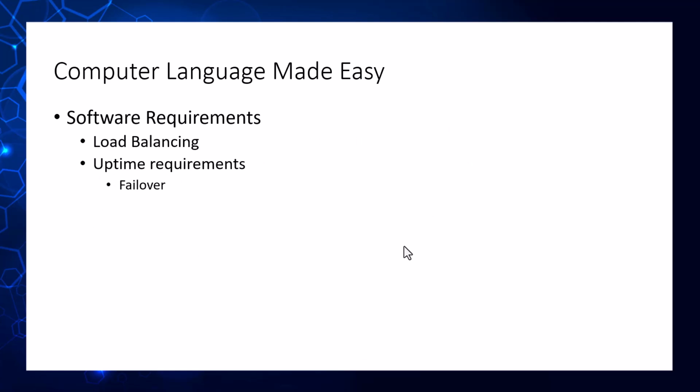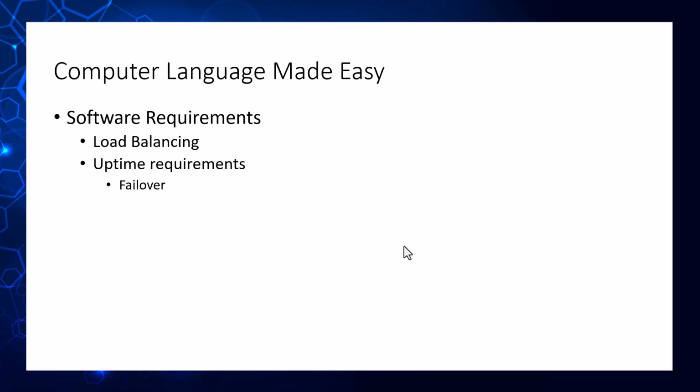And finally, also consider your software requirements. Are you going to need things like load balancing, which is essentially a way to improve performance in your application? It allows you to use multiple servers to interact with, so that there's lower latency between when somebody submits a request, versus if you have 100 people in the system.